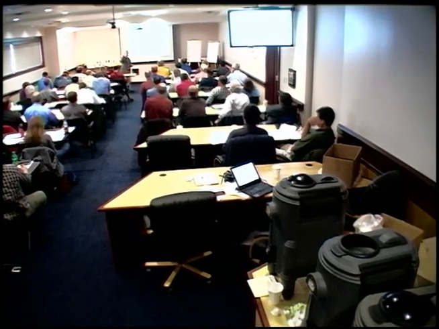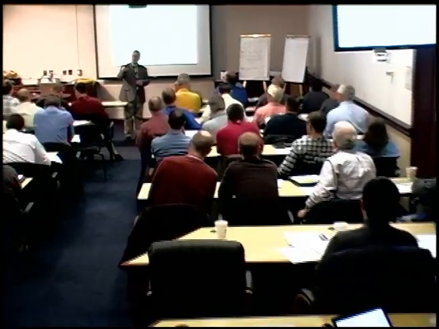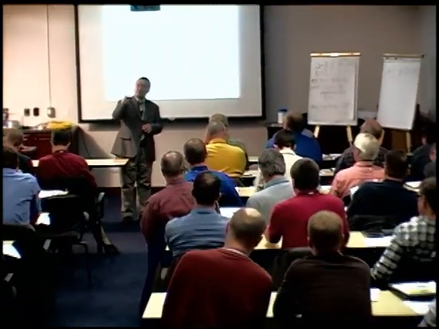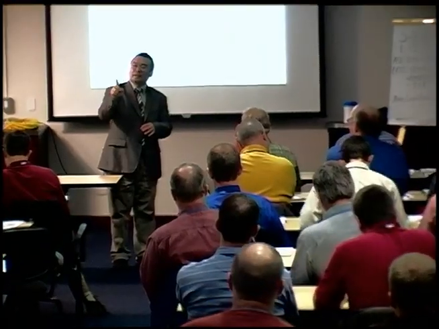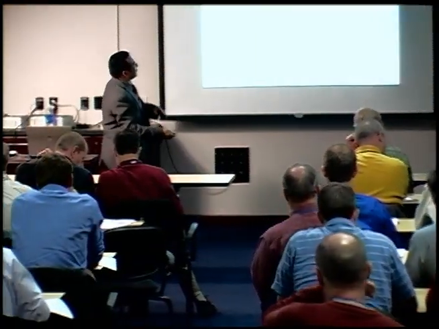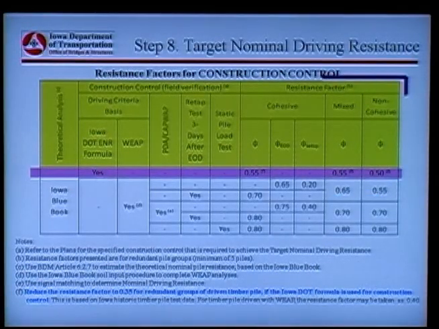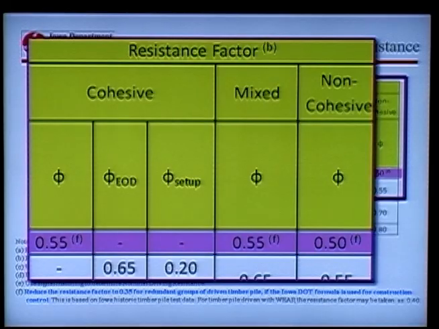But because the method for verifying the pile capacity is different, we will have a different fee factor for that to determine the target driving resistance. What I'm saying is that the fee factor for construction control using the Iowa ENR formula is 0.35 for timber pile.